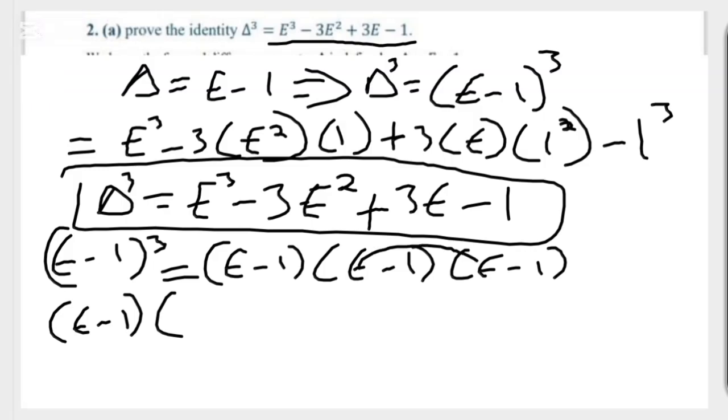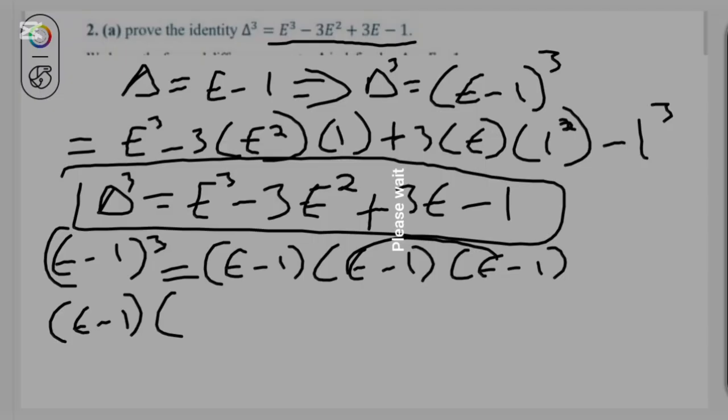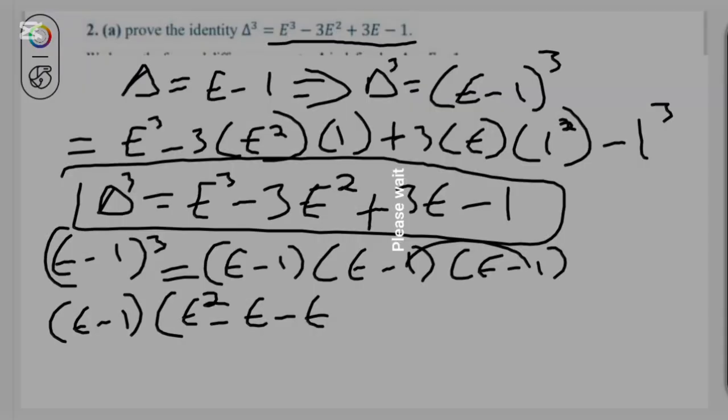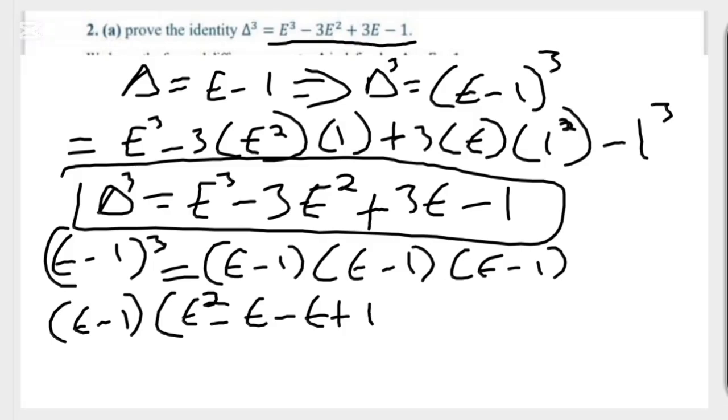This e multiplied by this e, I'll get e squared. This e multiplied by this negative 1, I'll get negative e. Then 1 multiplied by this e, I'll get negative e. Then negative 1 multiplied by negative 1, I'll get positive 1.